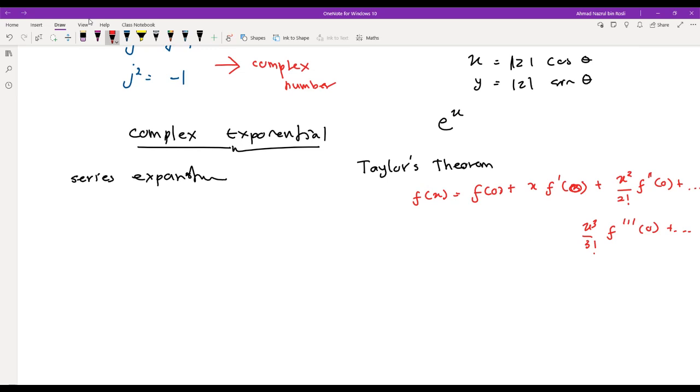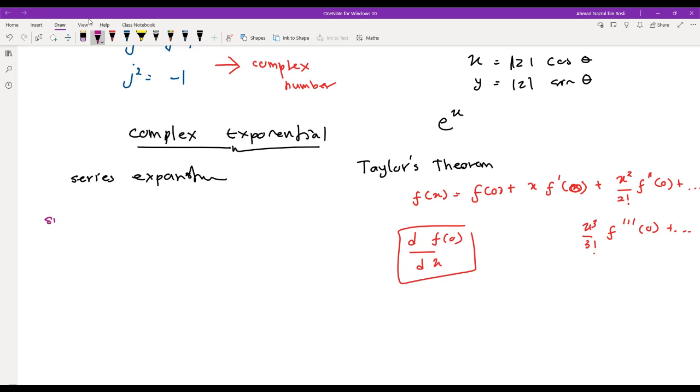So f prime here is the differentiation of the function f at 0. So this will be Taylor's theorem or Taylor's series.